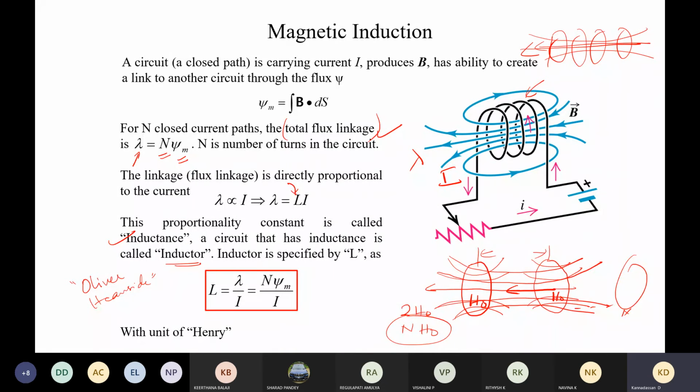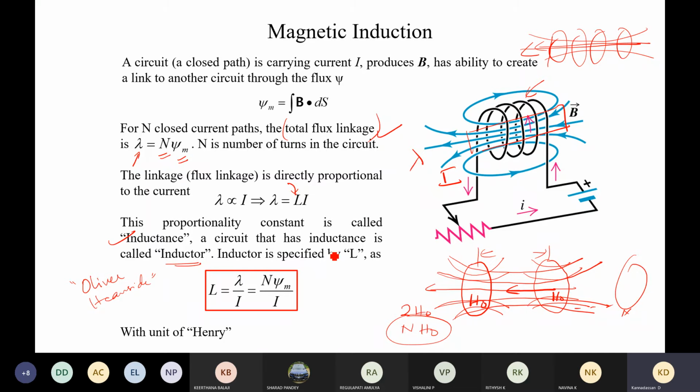We can create inductance in many ways. For example, if you put a magnet in the center, it will create still higher magnetic fields, and that same structure can also be called an inductor. There are multiple ways we can do that.